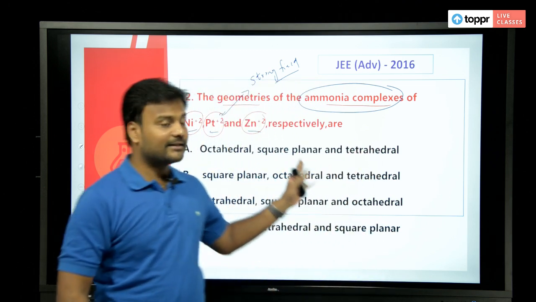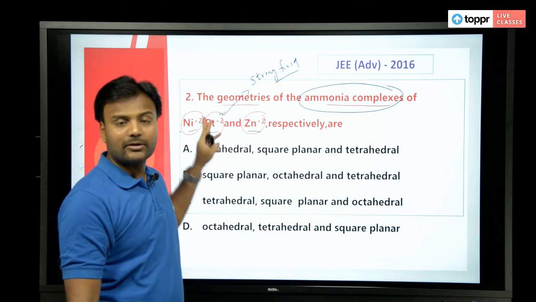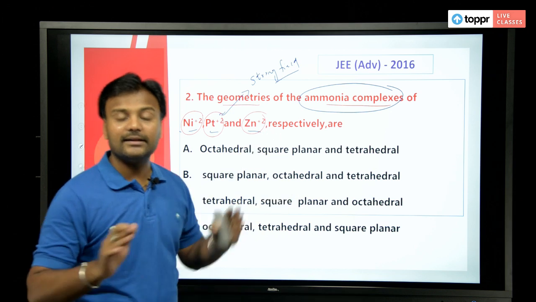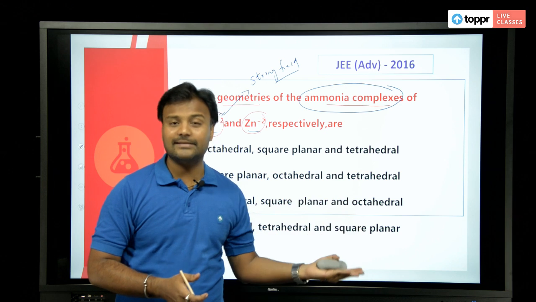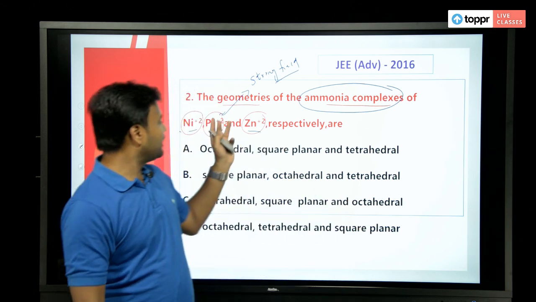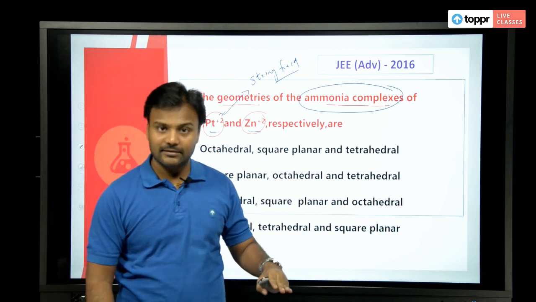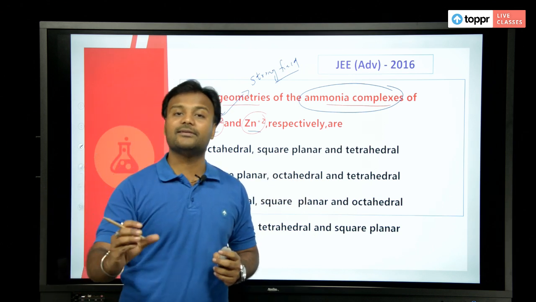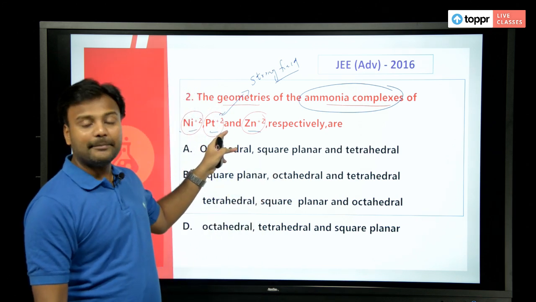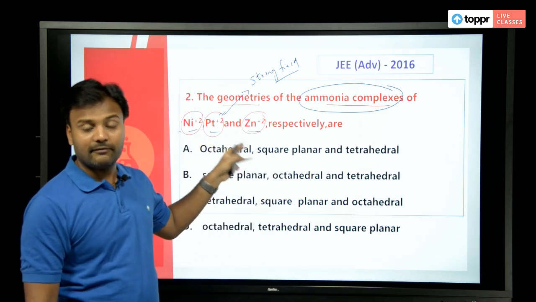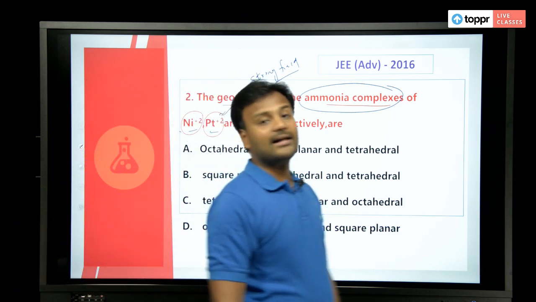I am just taking it directly, nickel and zinc, leaving them apart. Don't consider nickel and zinc, because in the 3d series the ammonia complex has some exceptions, whether to consider it a strong field or a weak field. But if you consider platinum, which belongs to the 5d series, ammonia is always a strong field ligand. Now take the hybridization of this one, find out the geometry of this one, so that we will try to answer this.